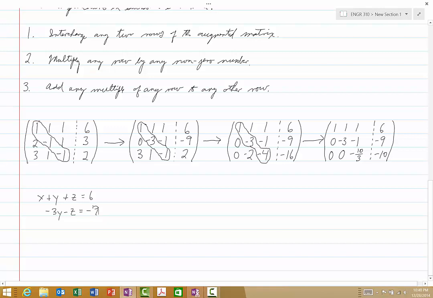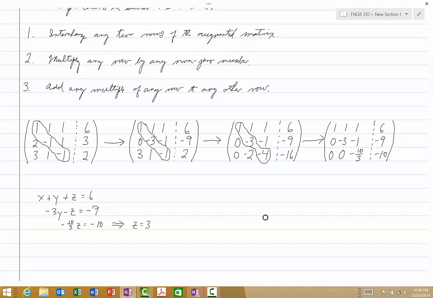And the last equation is negative 10/3 z equals negative 10. And notice that the last equation is just one equation and one unknown, and it immediately implies that z is equal to 3. And this stage, what we're going through right now, is called back substitution.